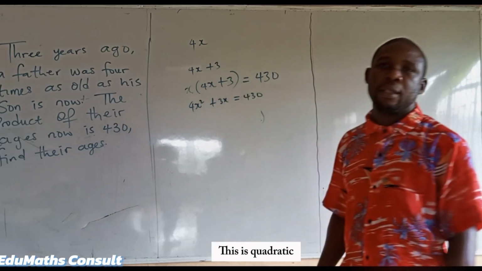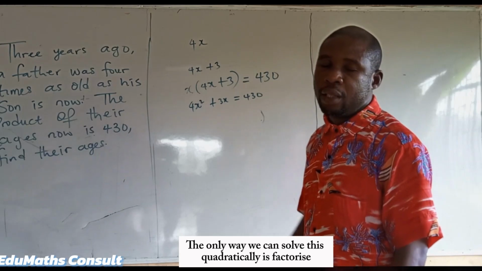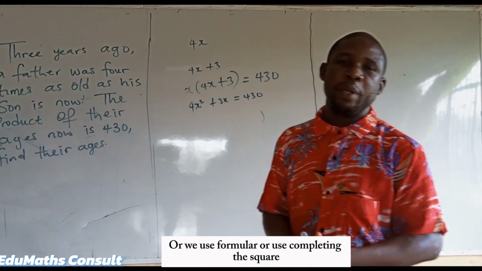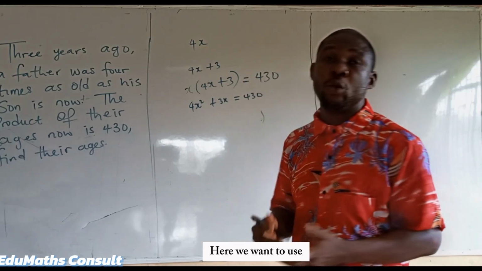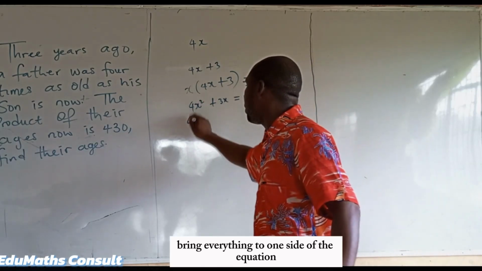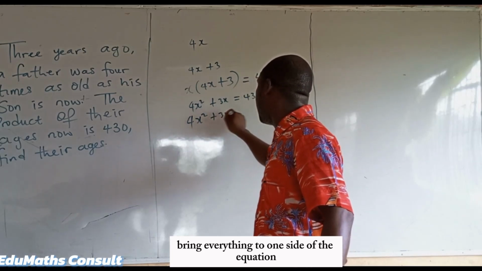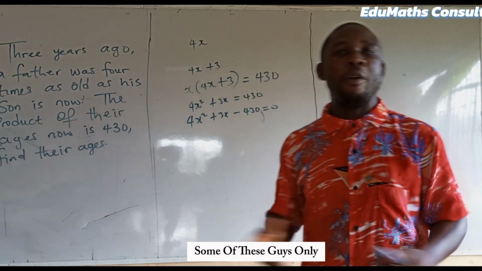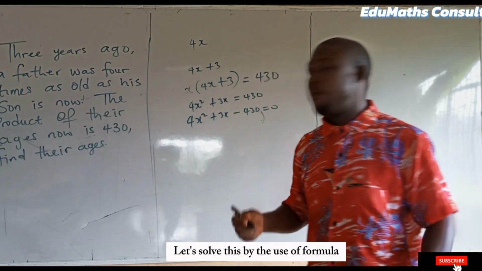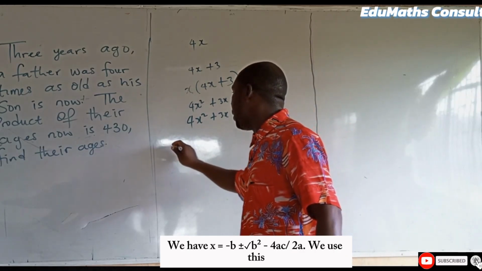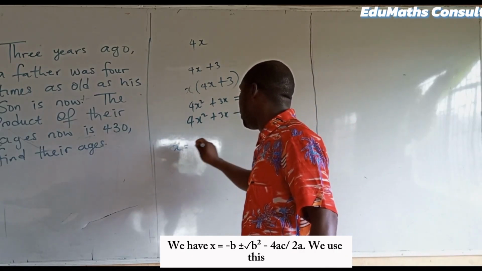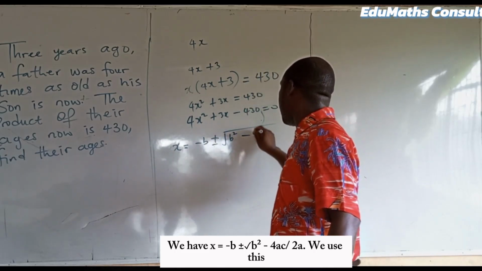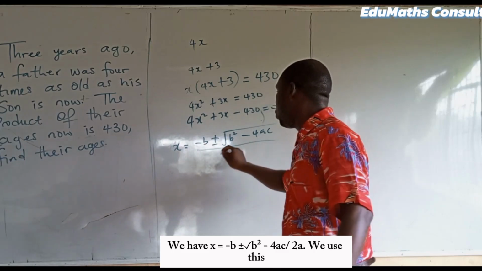This is quadratic. The ways you can solve this are to factorize, use the formula, or use completing the square. Here we want to bring everything to one side of the equation. We have 4x squared plus 3x minus 430 equals 0. Let's solve this by the use of the formula: x equals minus b plus or minus the square root of b squared minus 4ac, over 2a.